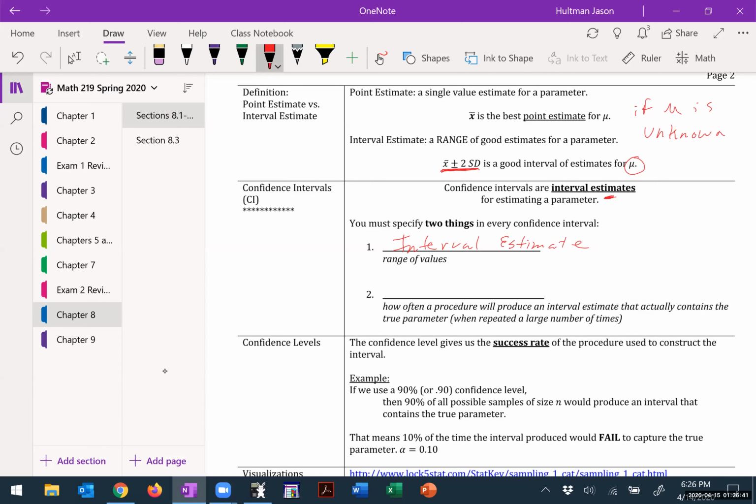And what are our parameters so far that we know about? We know mu, and we know p, right? And we know sigma. Those are the parameters we've been working with. Today we're just going to deal with mu and sigma and not worry about p until Thursday.